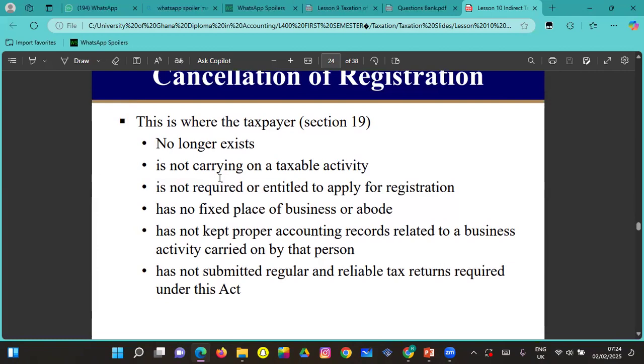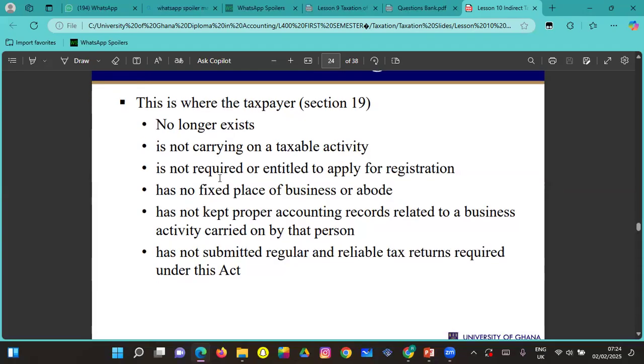Then it's not required or entitled to apply for registration, has no fixed place of business or abode. His business doesn't have a fixed place, or he doesn't stay at a fixed place. Then has not kept proper accounting records related to a business.